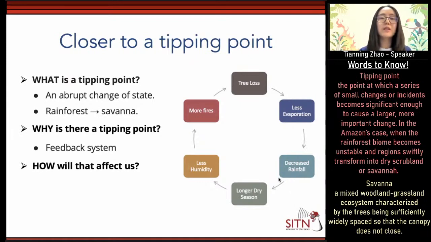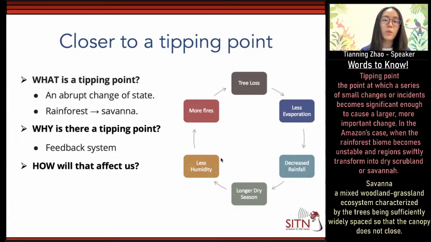Less rainfall means longer and drier dry seasons, and less humidity in the atmosphere will increase the chances of wildfires. And then more wildfires, more tree loss. So this whole cycle closes itself, and it just goes on and on.